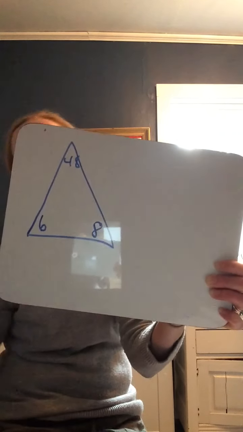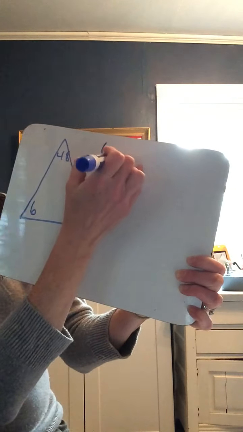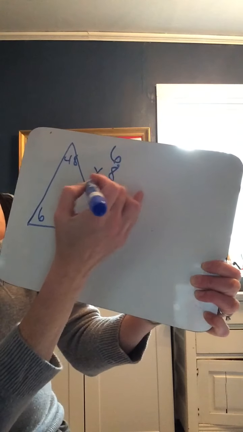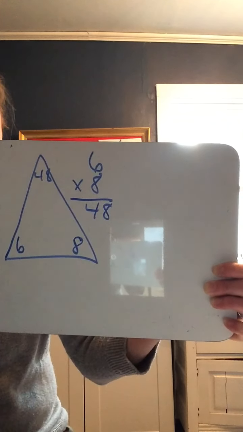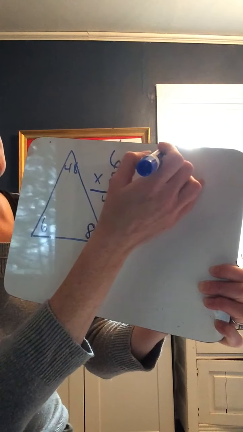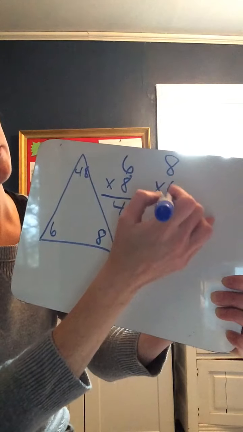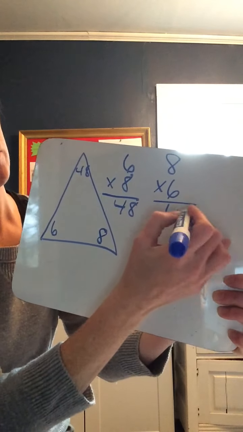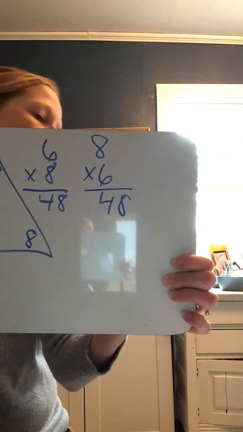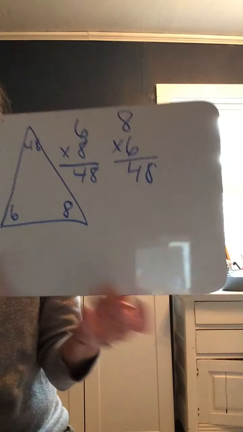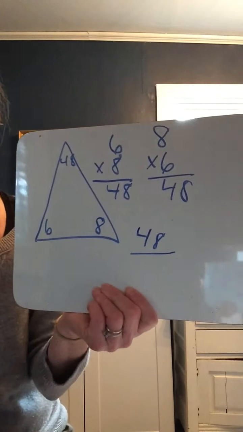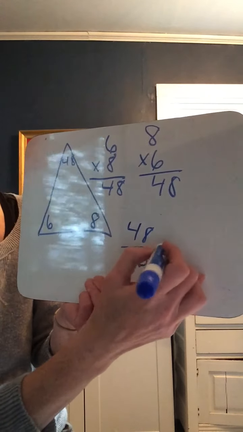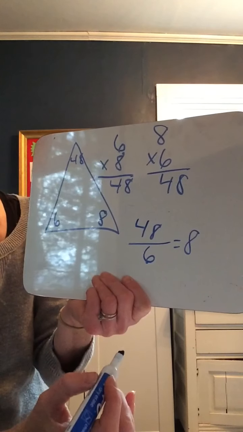And then the two multiplication number sentences for this problem are going to be 6 times 8 equals 48. And then you flip-flop the factors. 8 times 6 equals 48. And then this one is using the division bar. So you have 48 on top divided by 6 equals 8.